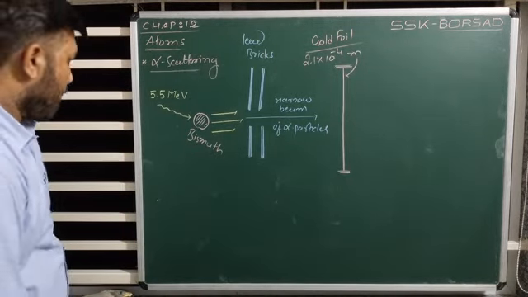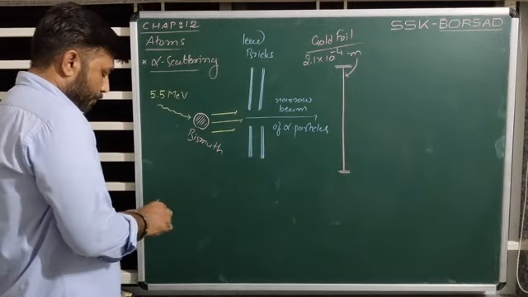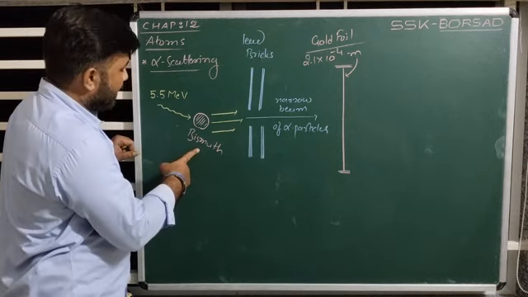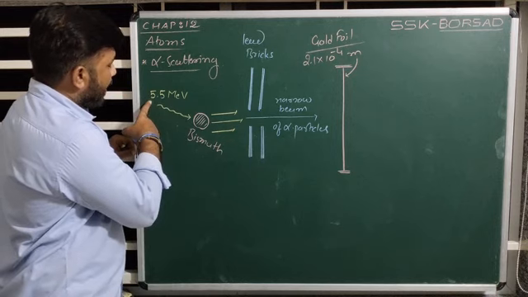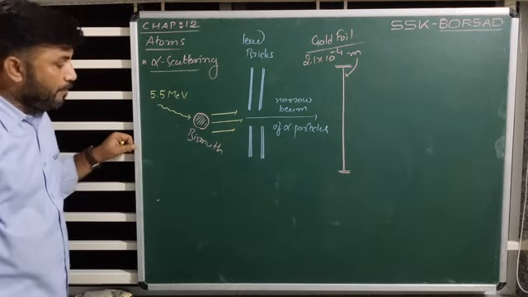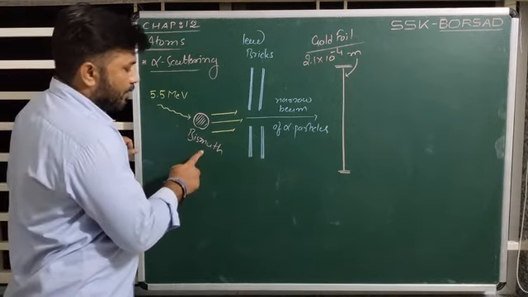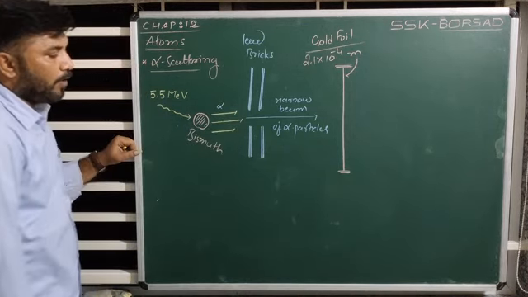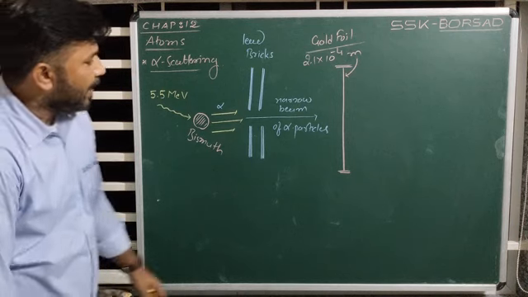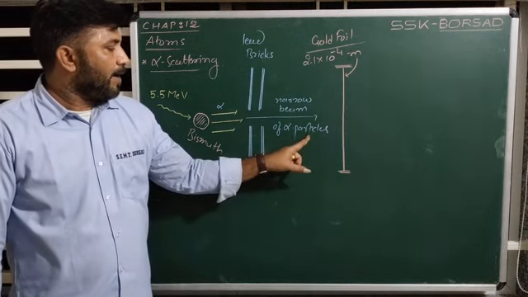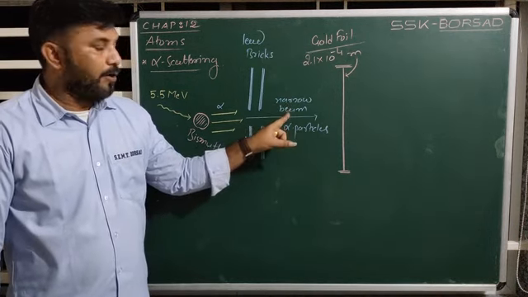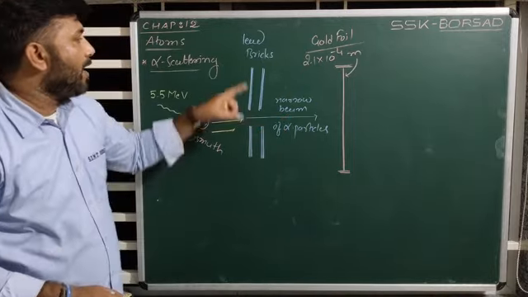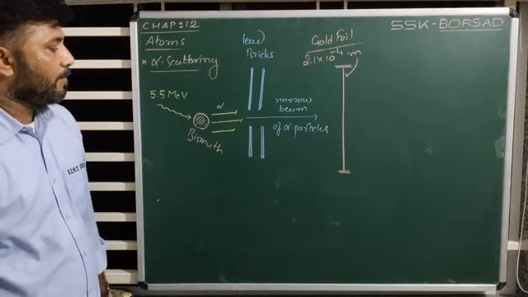Okay, let us see once again. Bismuth, a radioactive substance, is excited by energy 5.5 MeV. This bismuth emits alpha particles in all directions. These alpha particles are made into a narrow beam with the help of lead bricks.